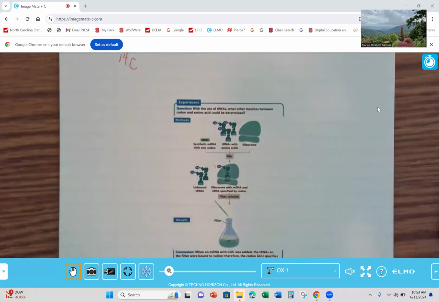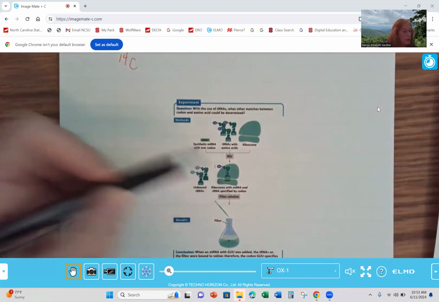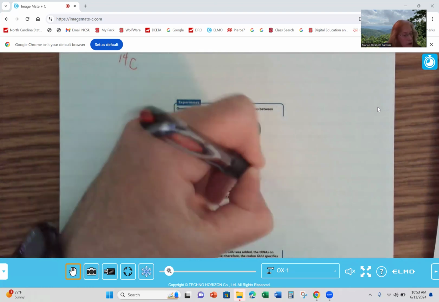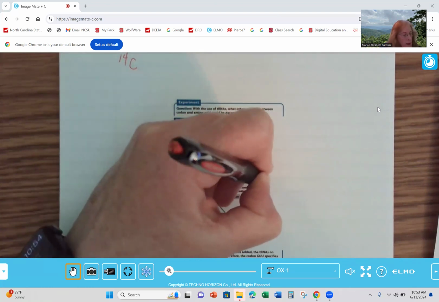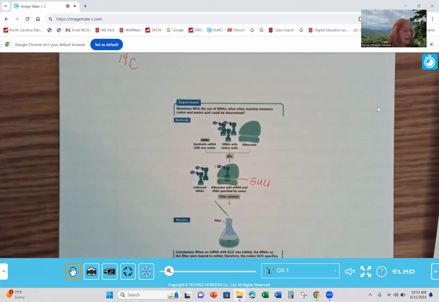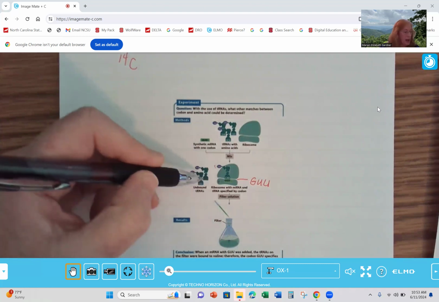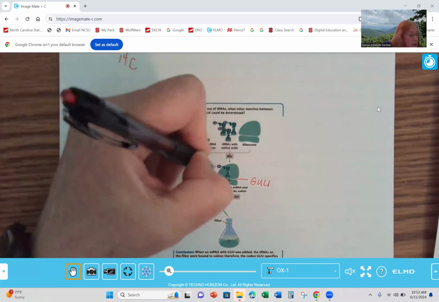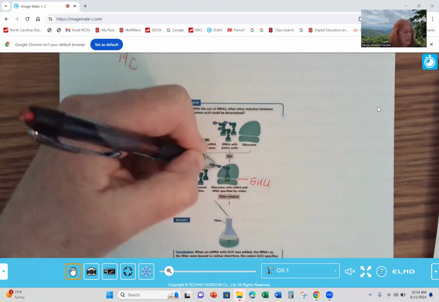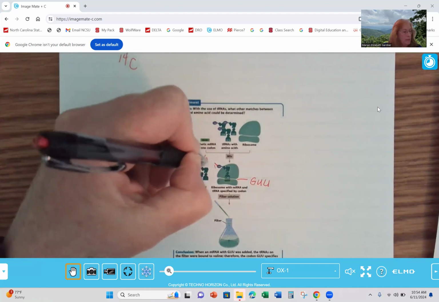The print on this is a little small for me to see. GUU. So it looks like GUU was our trinucleotide right here. That says GUU. And that was our trinucleotide in this particular experiment. And so the amino acid that would bind with that was valine, VAL.